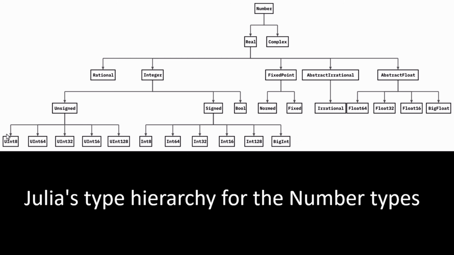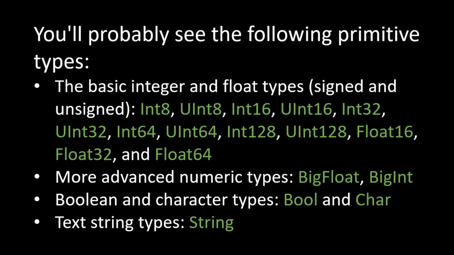Real and Complex are abstract types, Rational and Integer are abstract types, FixedPoint, AbstractIrrational, and AbstractFloat are abstract types. Over here, the leaves of the tree, for example UInt8, UInt64, UInt32, UInt16, UInt128, are concrete types.